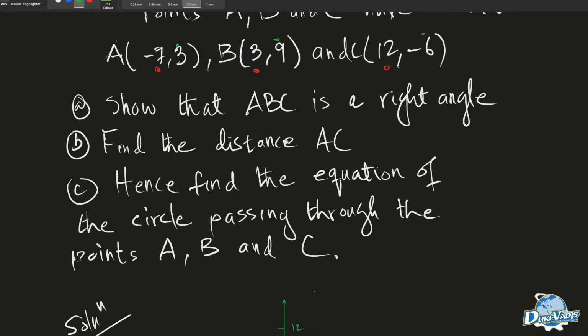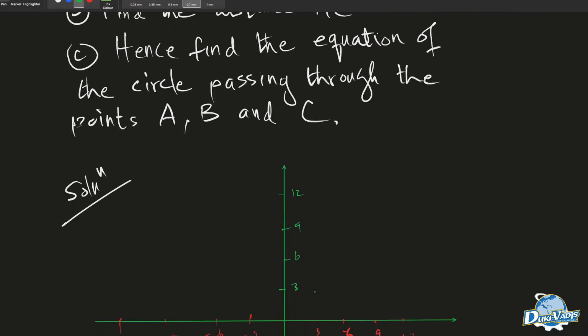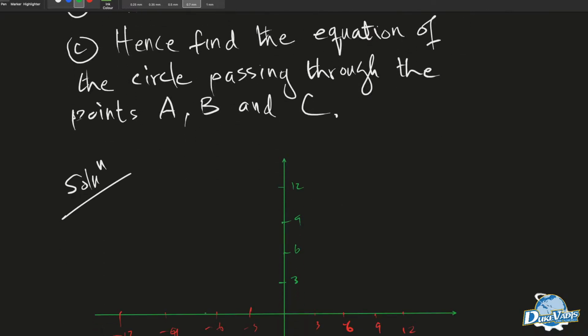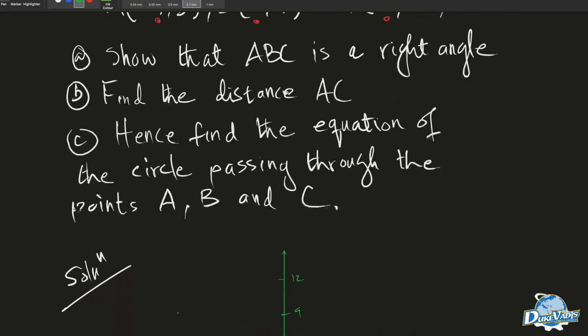The first value is -7 on the x-axis and 3 on the y-axis. So -7 will be somewhere here, and the y value is 3.